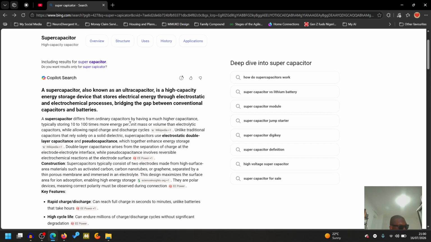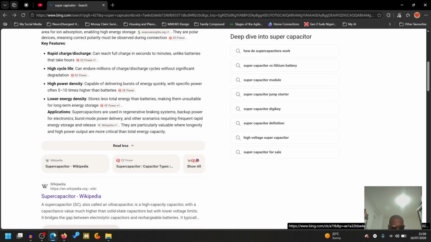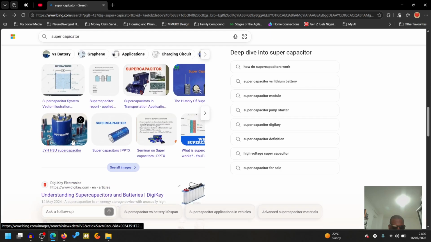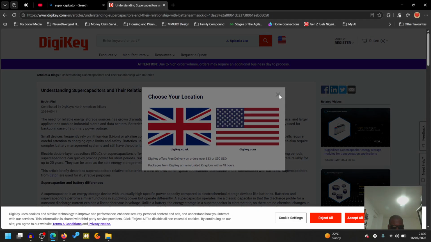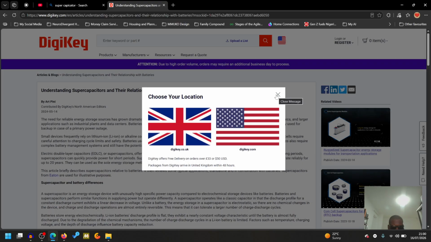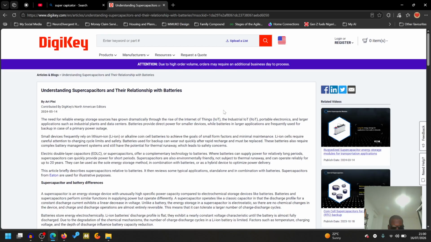Oh yeah, I get it, because they work in water. They work in kind of water, and you know what I'm saying. Understand supercapacitors with batteries.